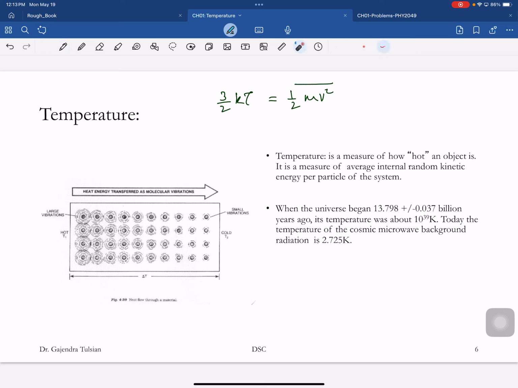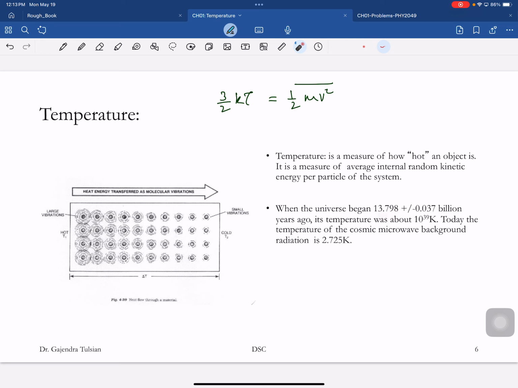So what this expression is saying is, in this room, the average kinetic energy per molecule of the gas in this room is equal to 3/2 kT. So you'll see this expression in the next chapter. So you double the temperature, the average kinetic energy will double.